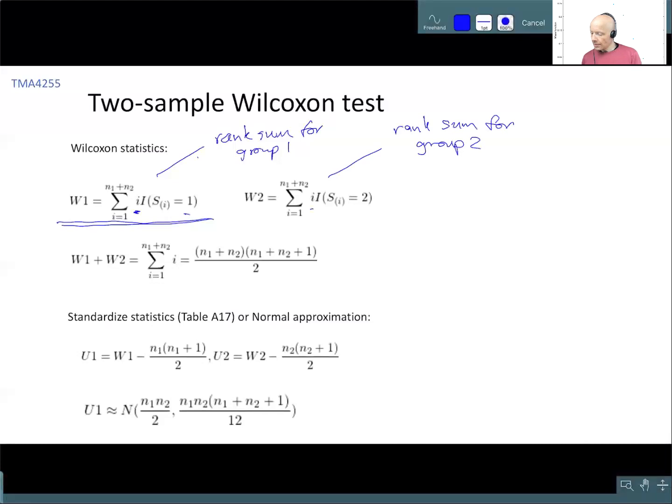So here we find the ranks and then add it only if it's in group 2. So this can also be looked up, and we see that they sum to a known expression. So if one is big, the other is small. Instead of looking up in tables, it's again common to use a normal approximation for these statistics. And that's what we will do in an example.